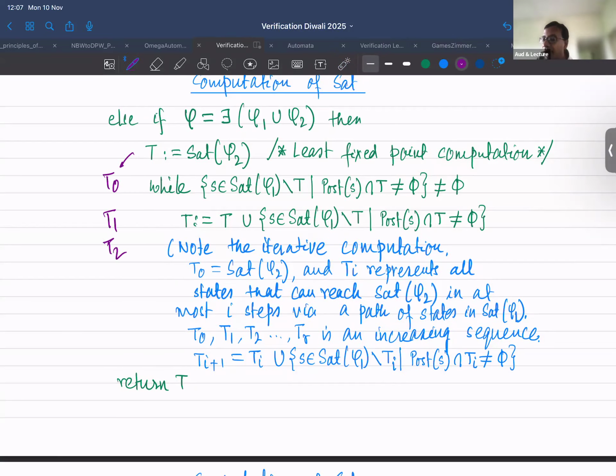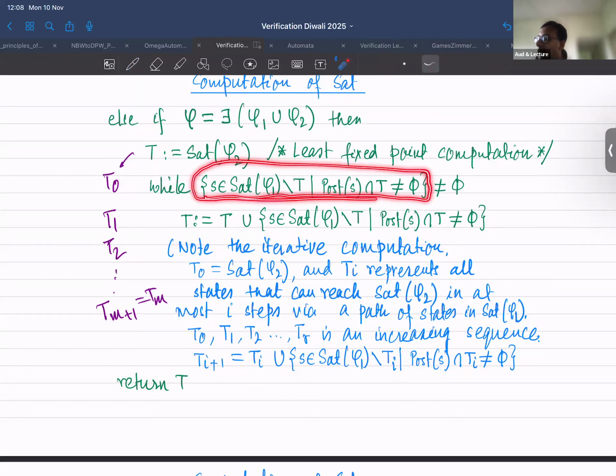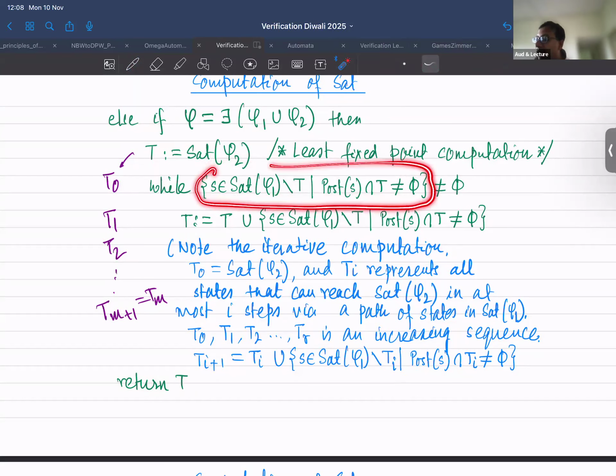Then at some point I'll have Tm plus 1 equal to Tm, because I won't have any more states which satisfy this condition. In which case I cannot extend or enlarge the set T anymore, and I stop.